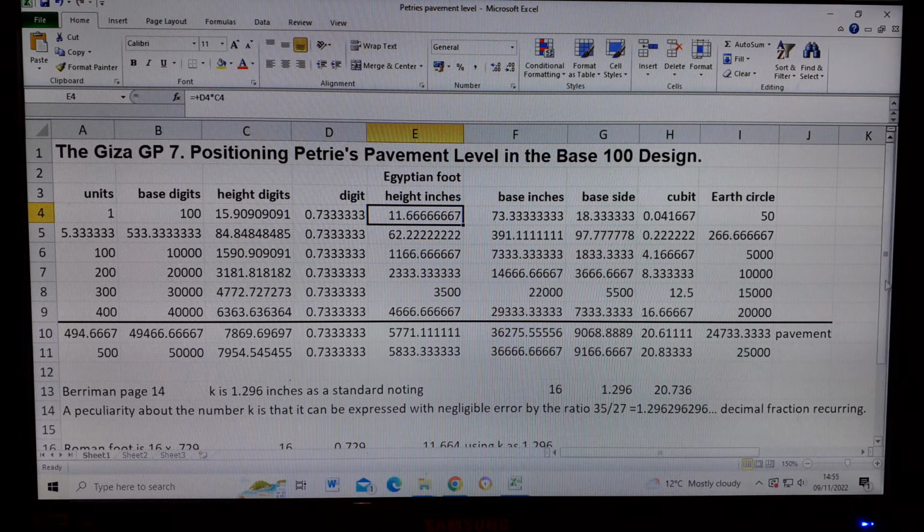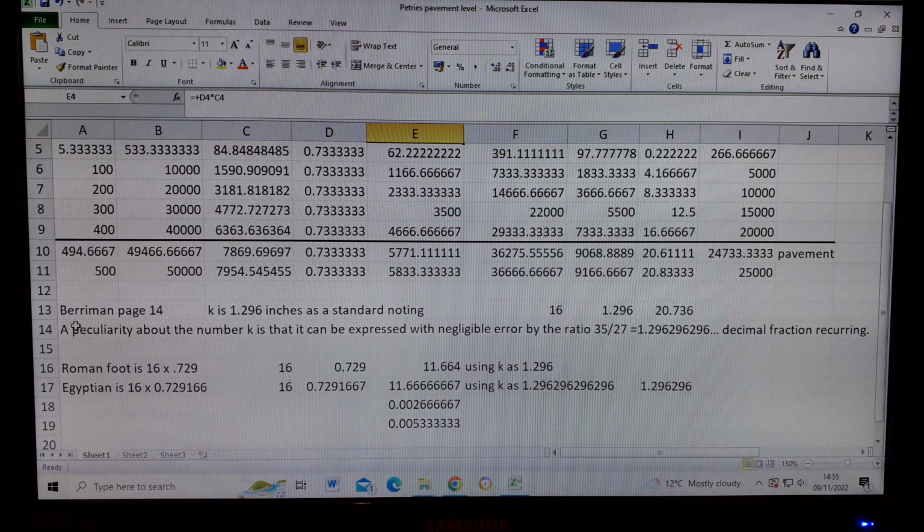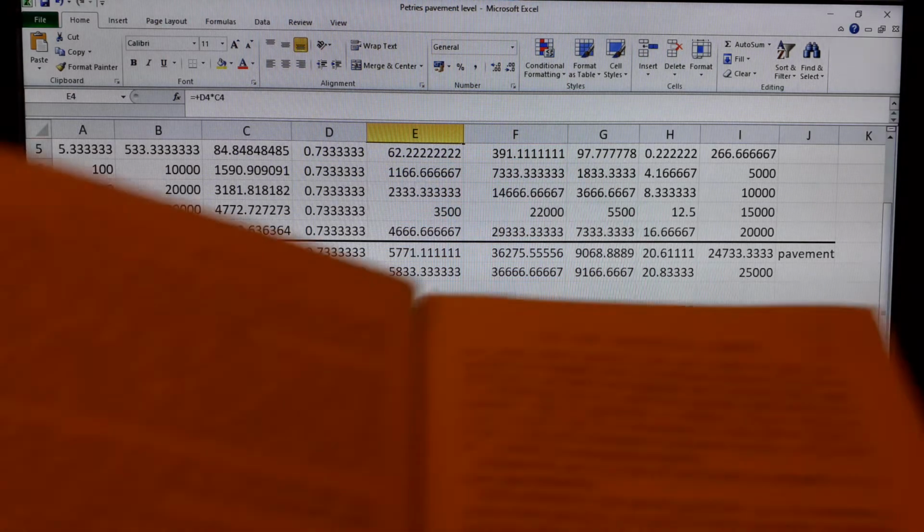And what is it exactly? Berryman on page 14 of his book tells us exactly what's going on. When I read this, I didn't figure out what he meant for a very long time, and then suddenly the penny dropped.